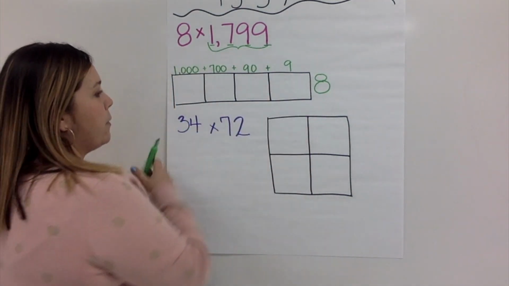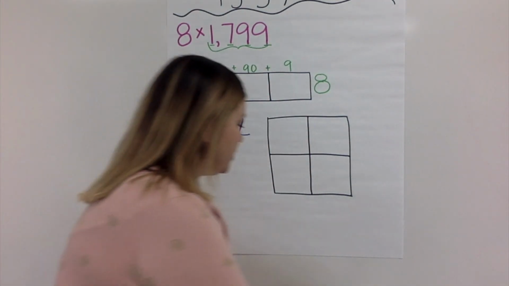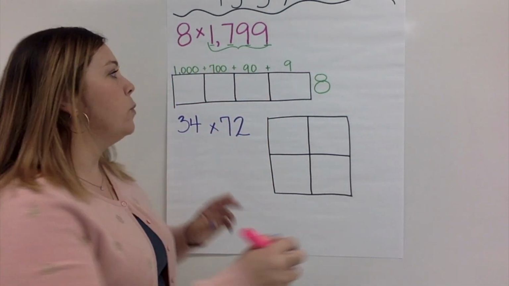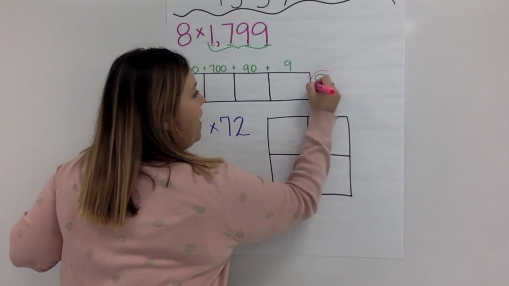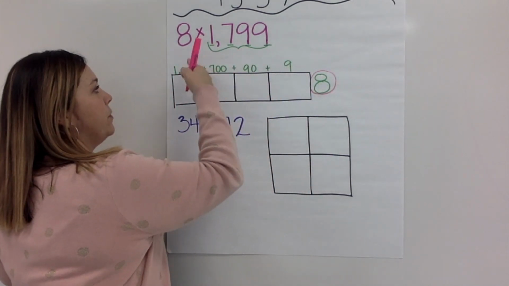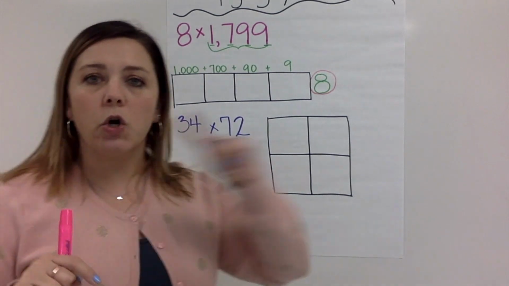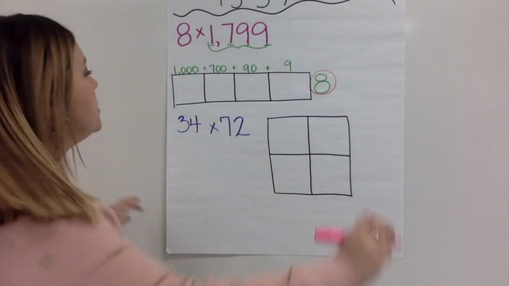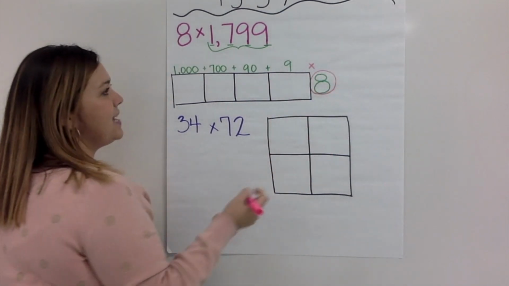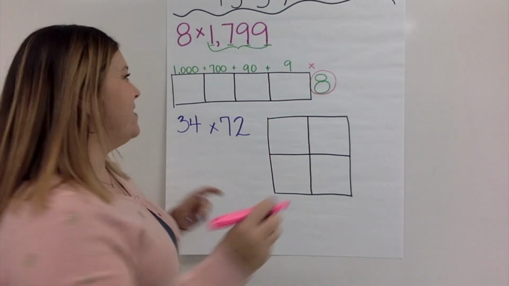All right, now we're going to do our multiplication. I'm going to change colors here. Remember, we multiply this factor by every value that we have expanded out across the top of our area model. First we're going to multiply 8 times 9. Think about it. What is 8 times 9? It is 72.